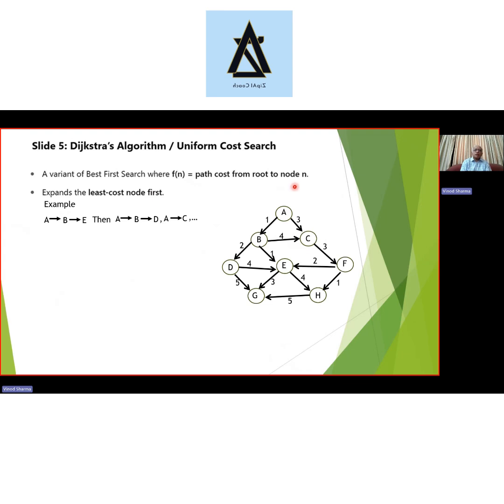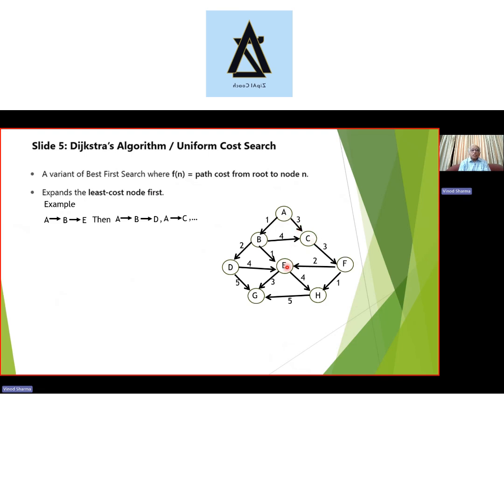And what is the path cost to node n? You are at root node A, and path cost to any node, for example, node B, is the least cost path from A to B. In this case, the least cost, of course, is this path, which has a cost of 1. The path cost to C is 3.